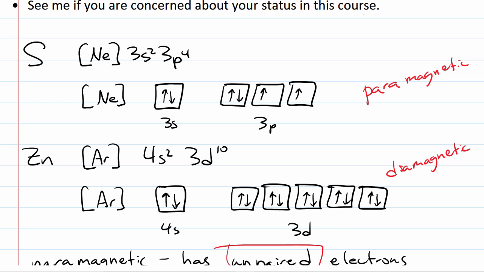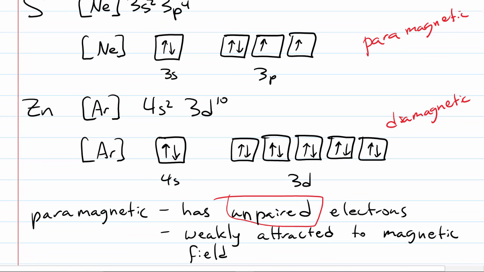If we have diamagnetic, all the electrons are paired up. To me the name doesn't make sense, because para sounds to me like paired. Unfortunately it's just the opposite here, and so paramagnetic actually means having unpaired electrons.